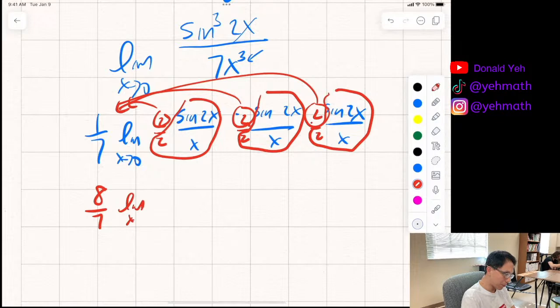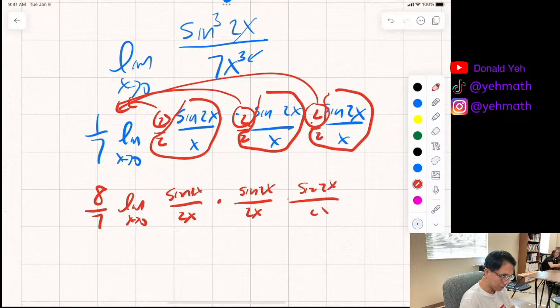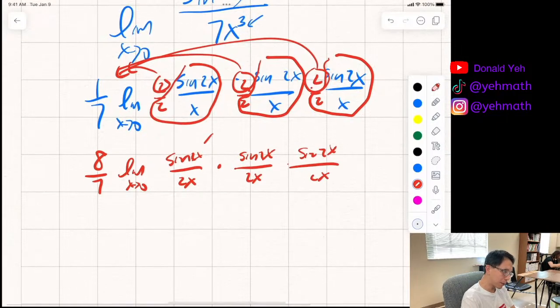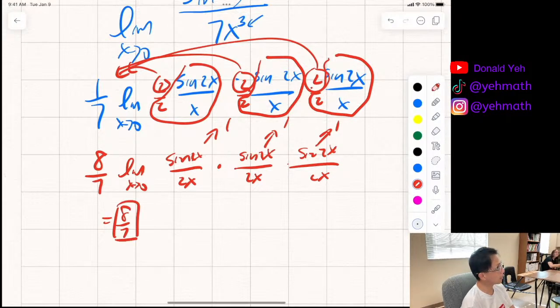It'll be the limit as x approaches 0 of sine of 2x over 2x times sine of 2x over 2x times sine of 2x over 2x. Then this becomes 1, 1, 1. So the answer is 8 over 7.